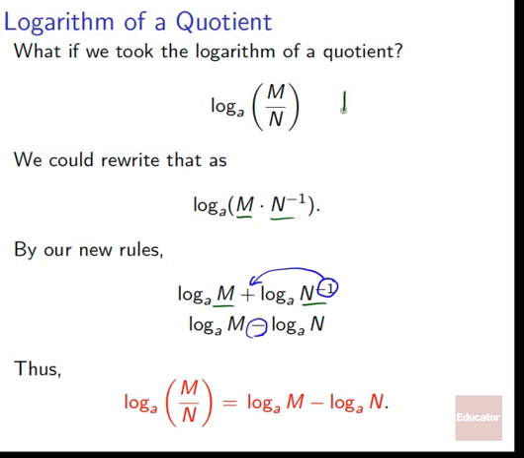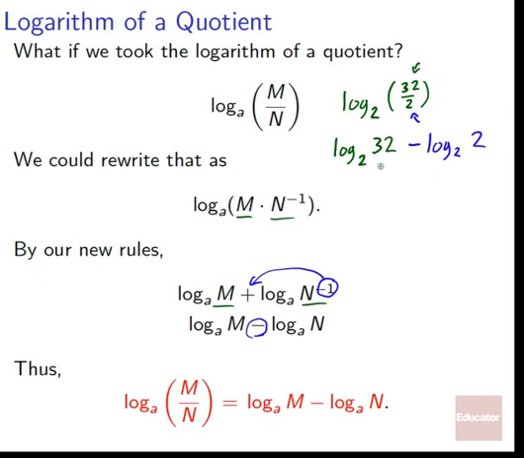So if we look at log base 2 of 32 over 2, we could write that by our new rule as log base 2 of 32, the part on top, minus log base 2 of 2, the part on the bottom. Log base 2 of 32: what number do we have to raise 2 to get 32?